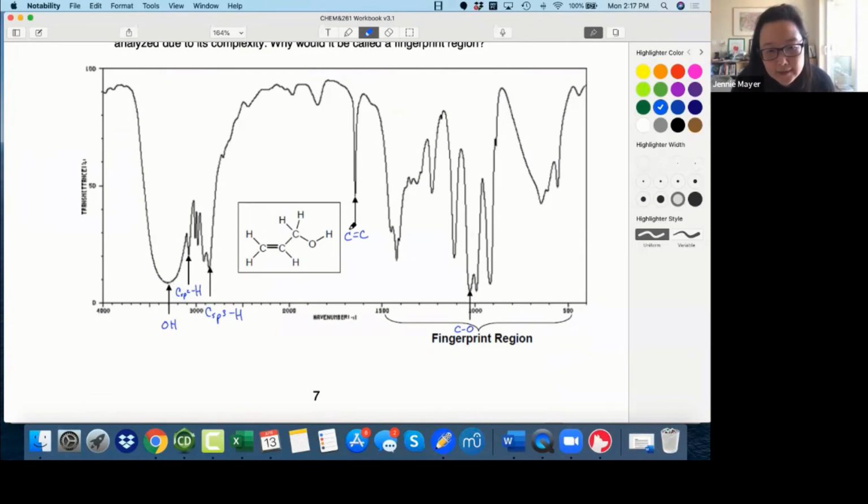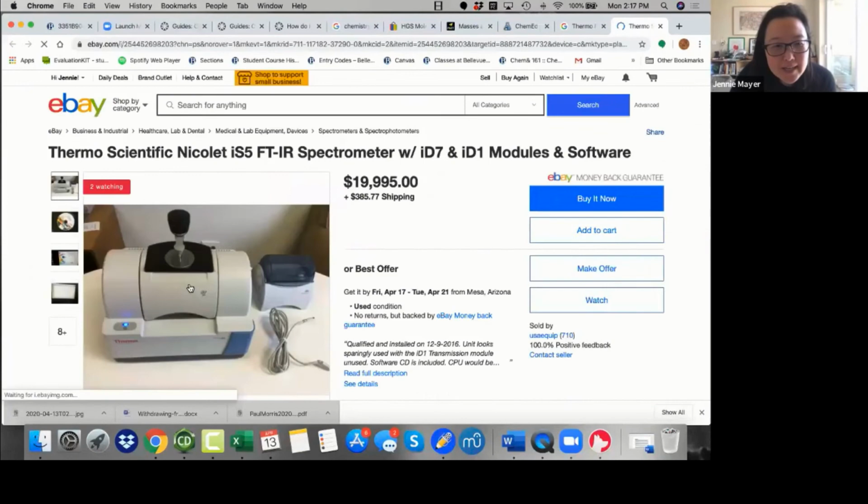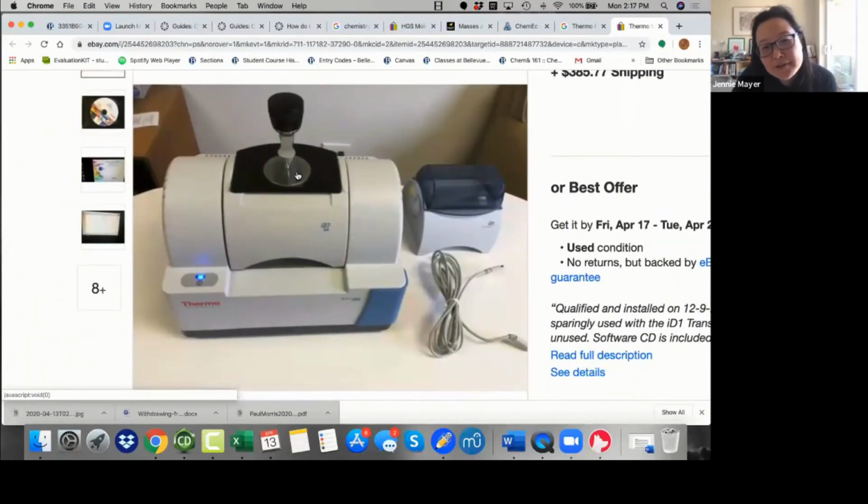But let's go ahead and look at this molecule. And let's say that I took this sample and I ran it on the infrared spectrometer. Okay, by the way, what does that look like? This is what the infrared spectrometer looks like at Bellevue College. We use an FTIR, meaning Fourier transform.